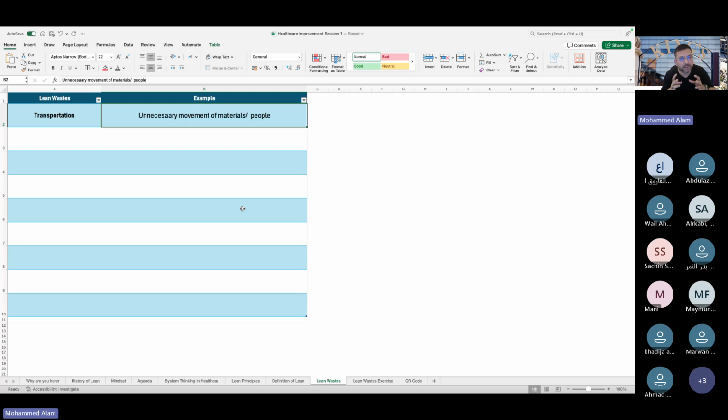This is transportation waste. So when you do a value stream analysis, we will see that sometimes the lead time of a patient from start to end involves a lot of transportation waste.